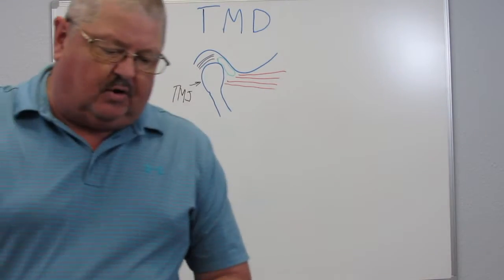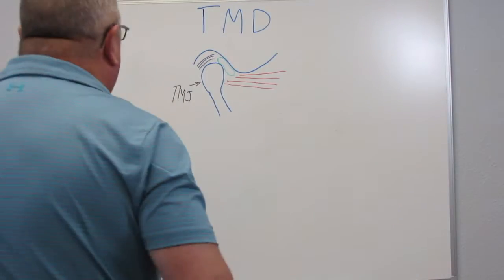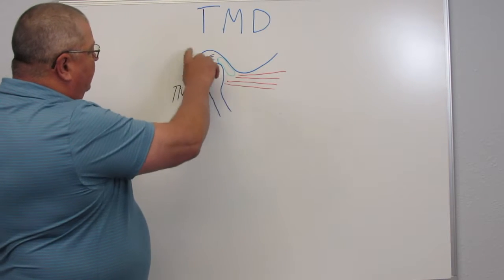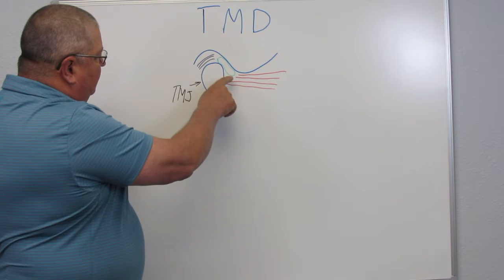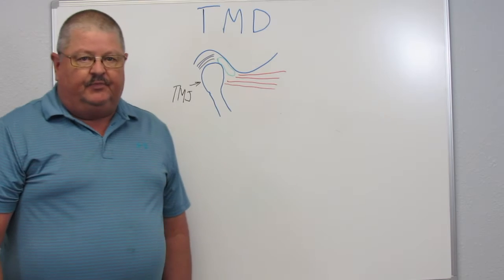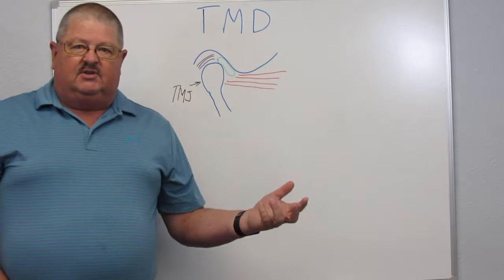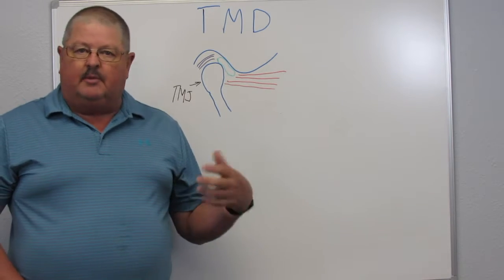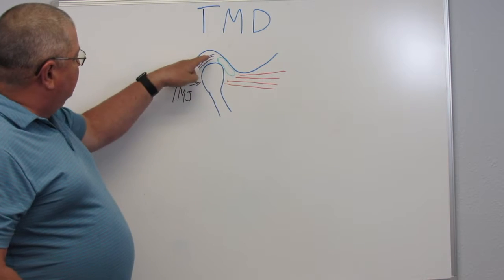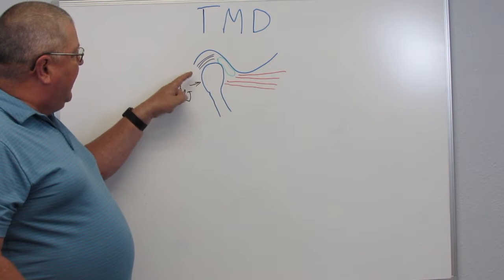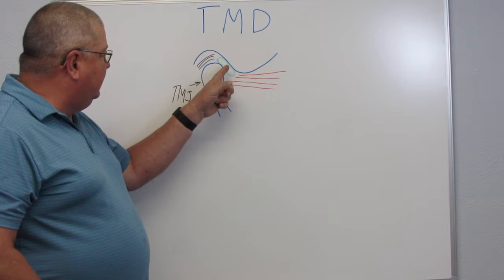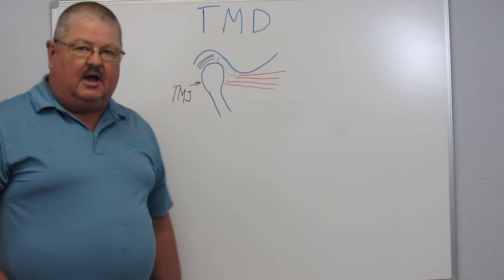What I've drawn here on the board is the condyle of the lower jaw, the mandible. There's the glenoid fossa, and that little green disc right there is the articular disc. So when someone says, hey, my jaw is popping, here's the mechanics of how that happens. This articular disc has some elastic fibers on the back, and a muscle called the lateral pterygoid muscle that is attached to the disc and to the head of the condyle.